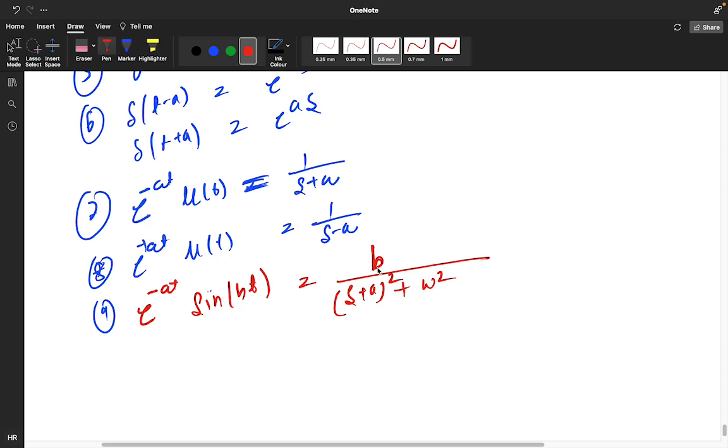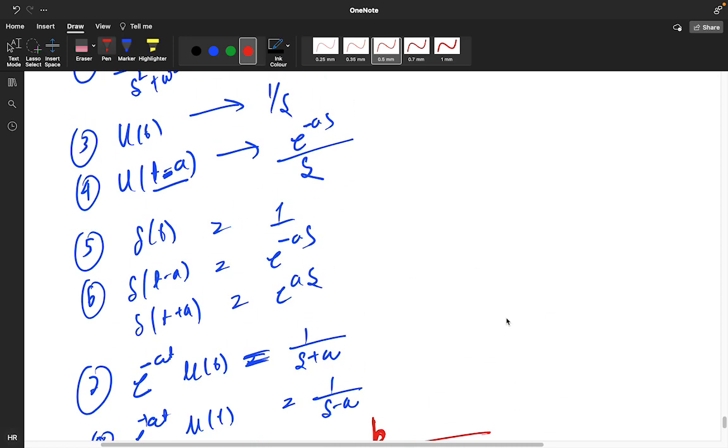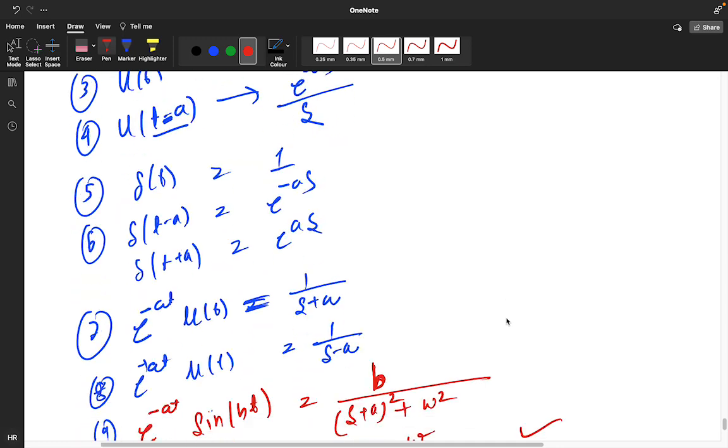Here b will come. e to the power minus bt cos at, if it is like that, so omega upon s plus b the whole square plus omega the whole square. So you need to know this particular formula.